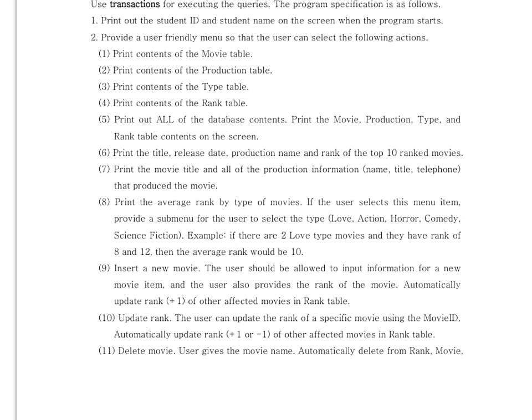Okay, so if you put in a rank 3, then the existing 3, 4, 5, 6, 7, 8, 9, 10 should have an increased ranking value. Okay, and if you also do an update rank, then the user can update the rank of a specific movie using the movie ID.